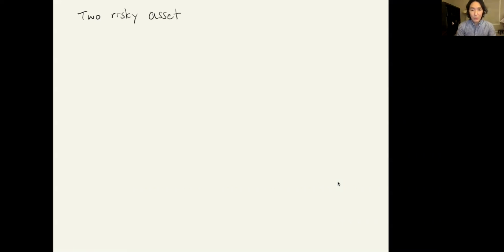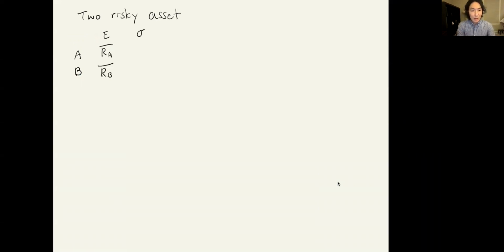Okay, so we will assume there are two assets, A and B, okay? And their expected returns and standard deviations are given as, so we will call it RA overbar and RB overbar.